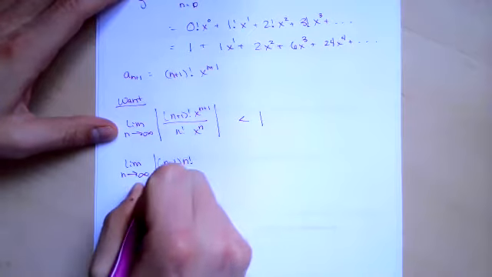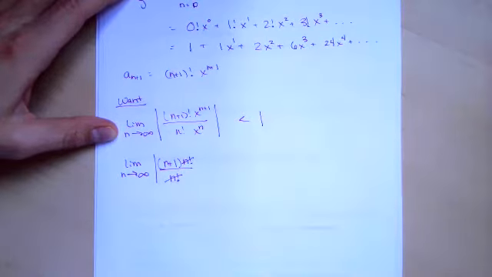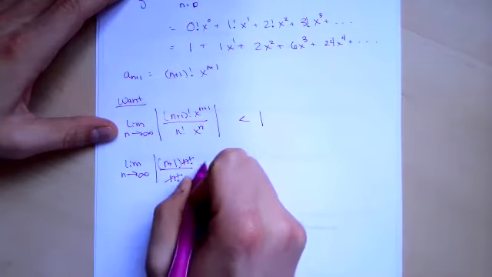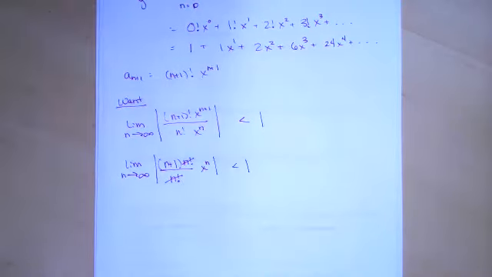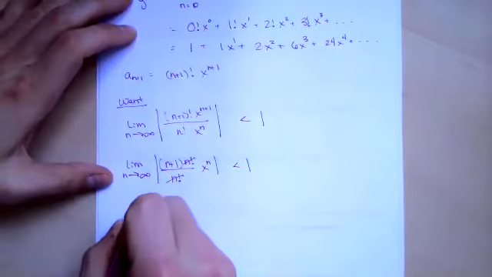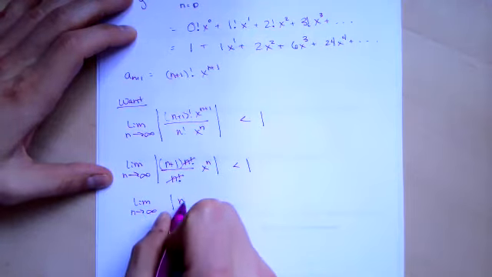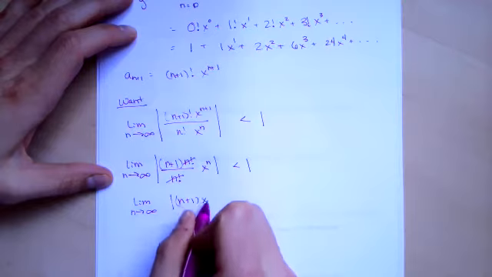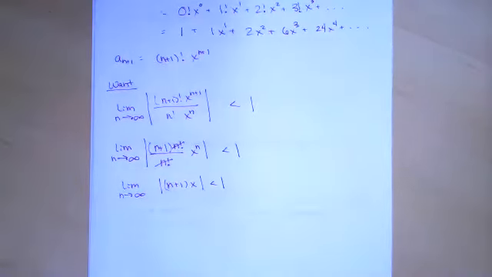Because I factor out that n plus 1 from the numerator, and then I can cancel out those factorials. And now we get something a little weird. So we need the limit as n goes to infinity of n plus 1 times x to be less than 1. Well, what's happening when n goes to infinity?